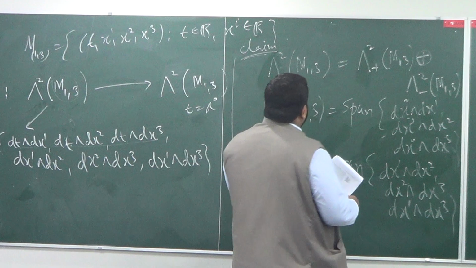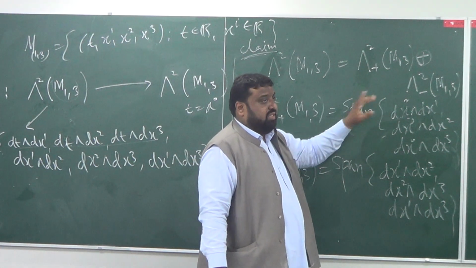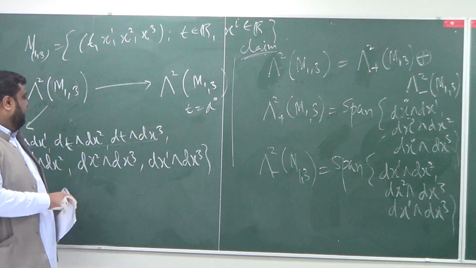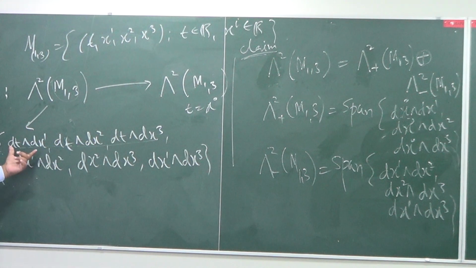Now, why am I claiming that this space can be written as a direct sum of these two subspaces? The reason is this Hodge-Star operator. Let's apply the Hodge-Star operator onto each of these. My claim is that if you apply, for example, the Hodge-Star operator on this expression, you're going to get one of these expressions.